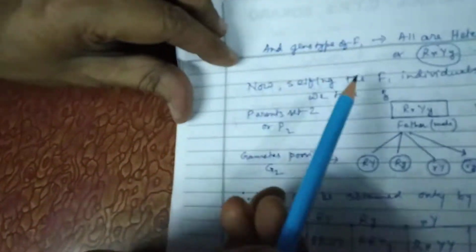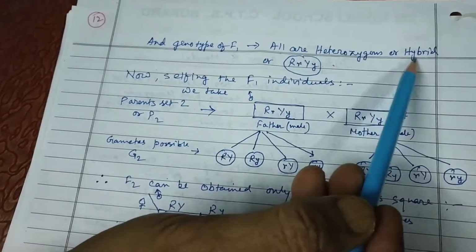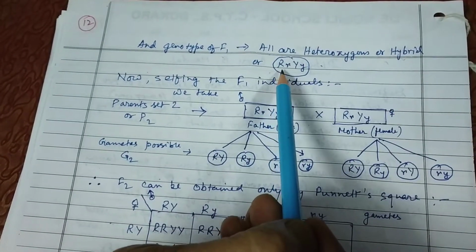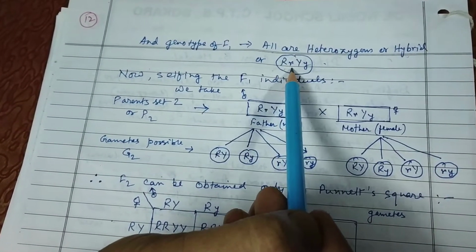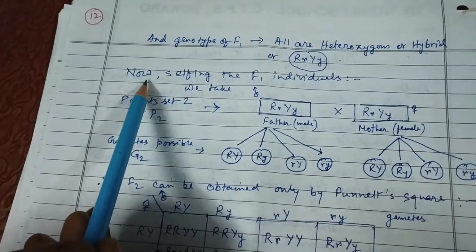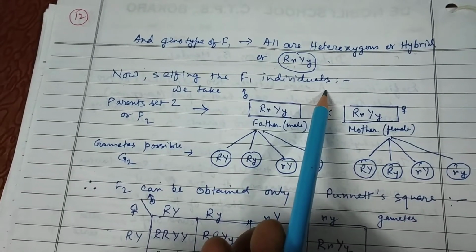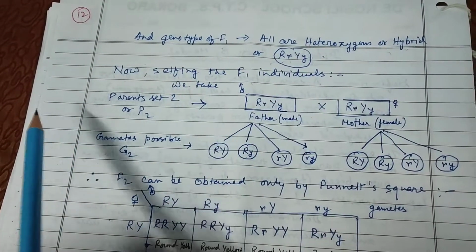Genotype of F1: all are heterozygous or hybrid, and this is the genotype, capital R, small r, capital Y, small y. Now, selfing the F1 individuals, what will be the parents?